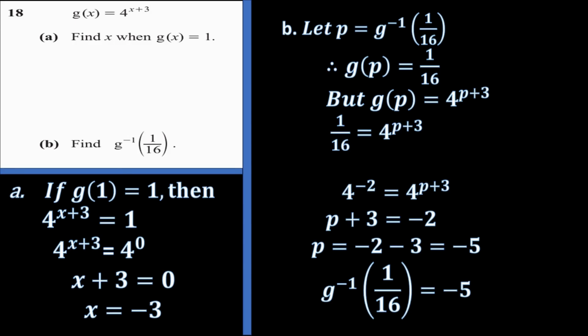Okay? But we can turn 1 over 16 to a number whose base is 4. That means 4 raised to power minus 2 by the law of indices. 4 raised to power minus 2 is the same thing as 1 all over 4 raised to power 2, which is 1 over 16. So we can bring 1 over 16 to 4 raised to power minus 2.